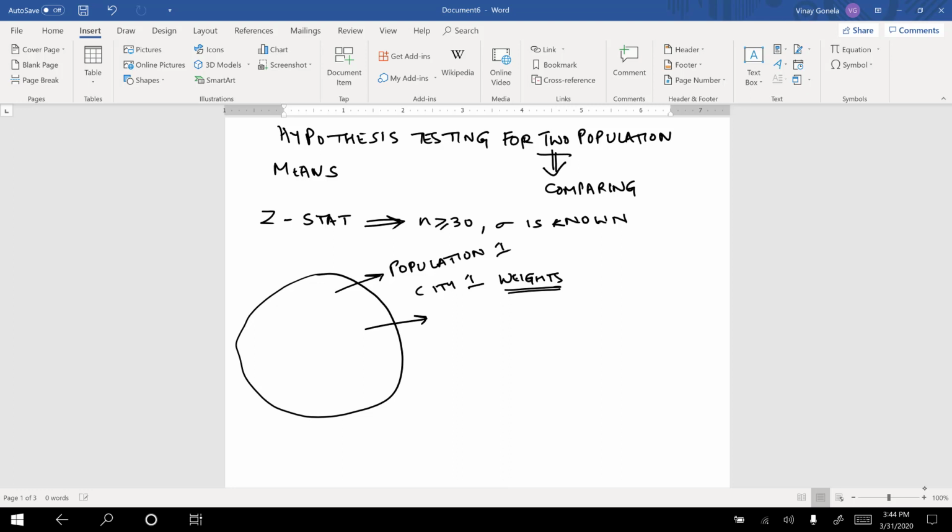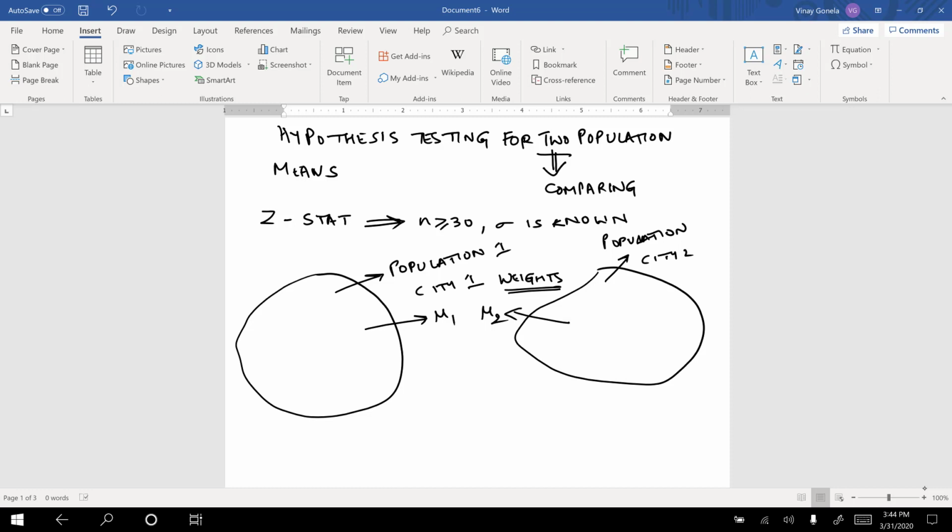The average weight of city 1, suppose I represent by mu1, and then I have population 2, and this is suppose city 2, the weight of people in city 2 is mu2. As you know, obtaining these mu1 and mu2 is difficult, right? However, three different things can happen when you are comparing weights of two different cities.